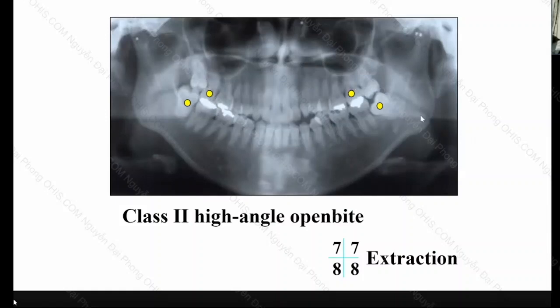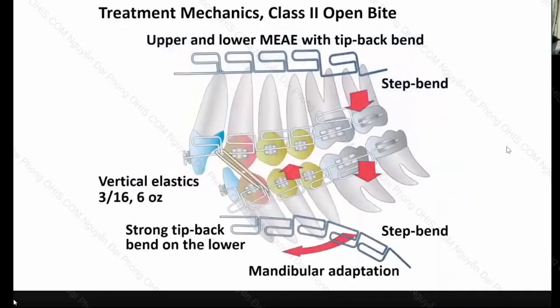The mechanics now are a little different from class 3, okay? We have to make a flat occlusal plane in class 2 open bite. That's why after uprighting, I want to extrude the 6 and the 7.